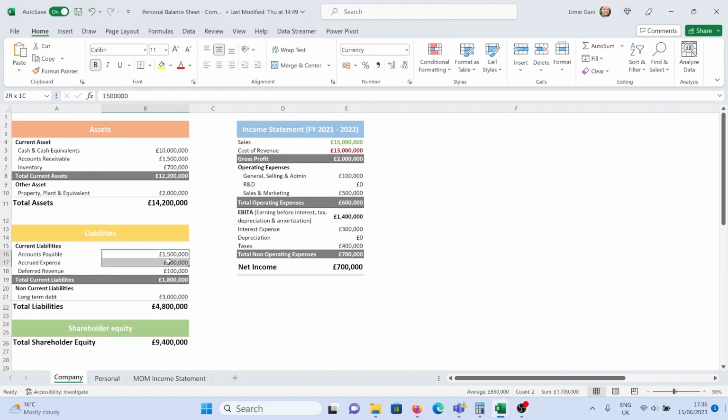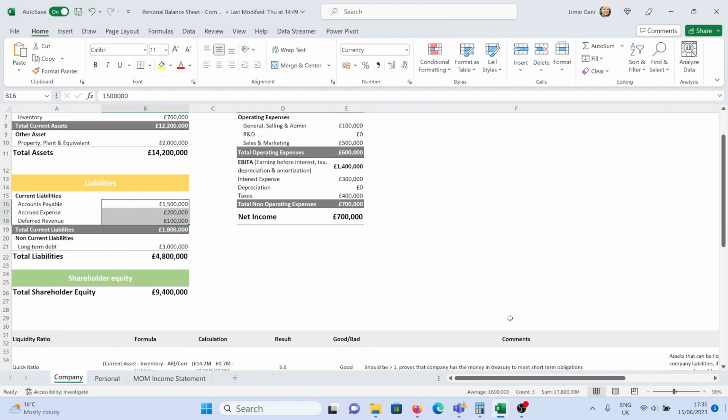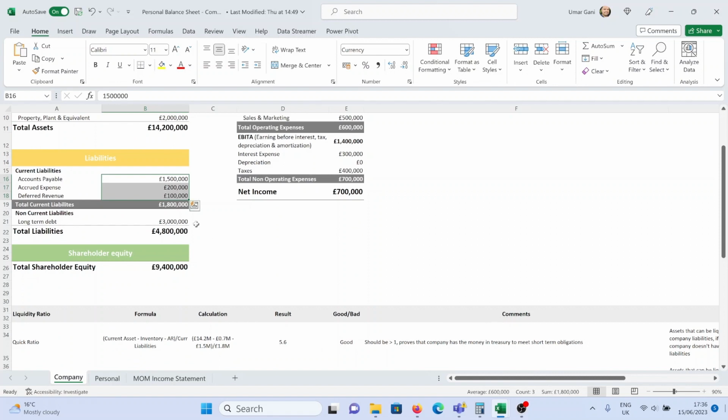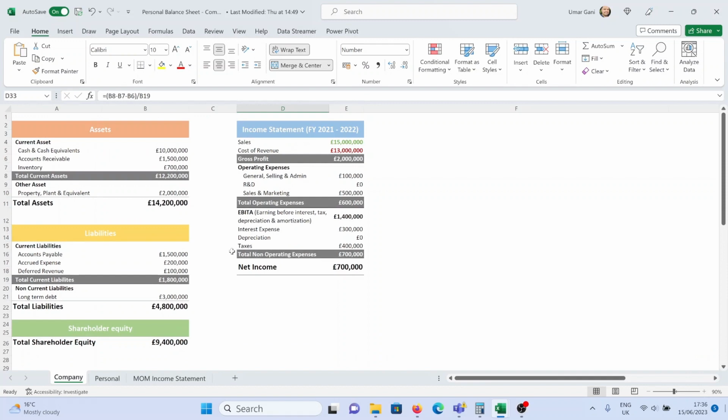So what is the short-term liability you are responsible for, which you have to pay? Basically, it is 1.8 million. That is 10 million divided by 1.8 million, which comes around 5.6. Not 10 million, let me check. It is B8 minus B7 minus B6.